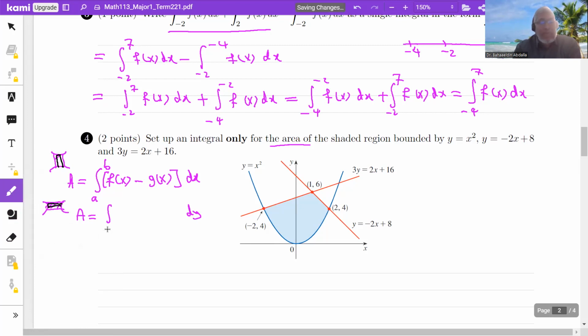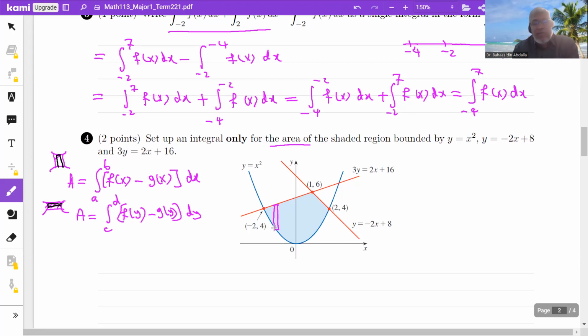So in this case, y will run from c to d, and I have to write the functions as functions of y. So x1 would be f of y, x2 would be g of y, and this would be the area. So actually I can use either a vertical typical rectangle or a horizontal typical rectangle in this case. So let me solve it in both methods for the sake of understanding and applying concepts.